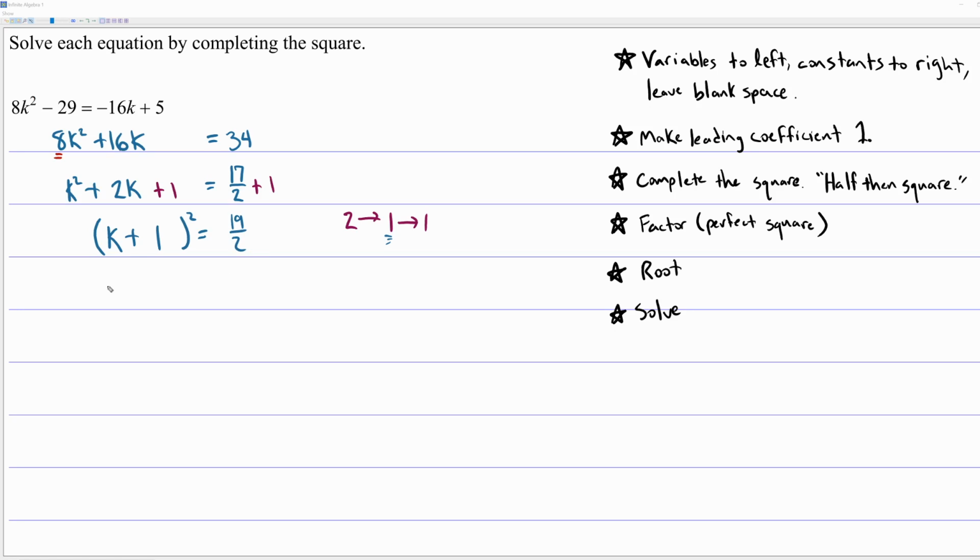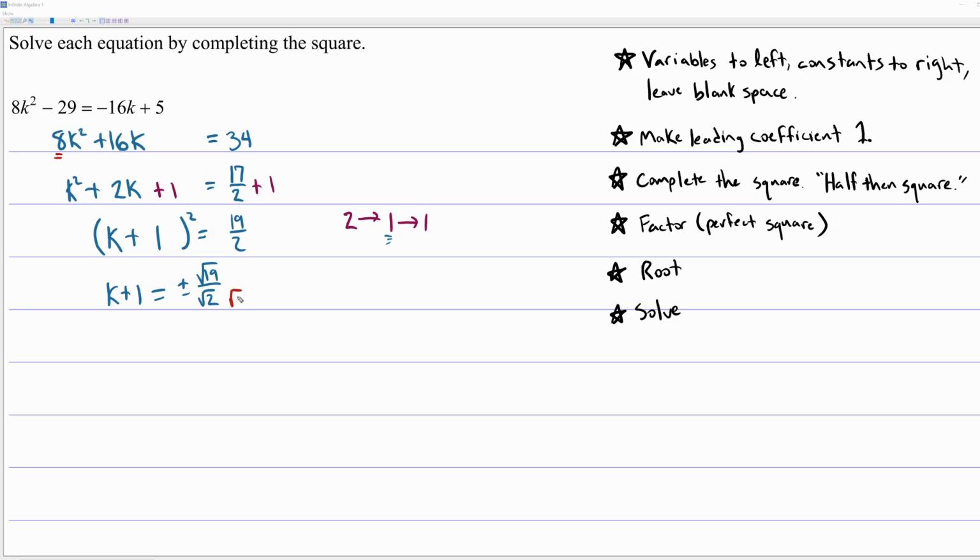Take the square root on both sides. So we have k plus 1 is plus or minus the square root of 19 over the square root of 2. Now, in my preliminary video on dealing with roots, we saw this. We do not like square roots in the bottom of a fraction.